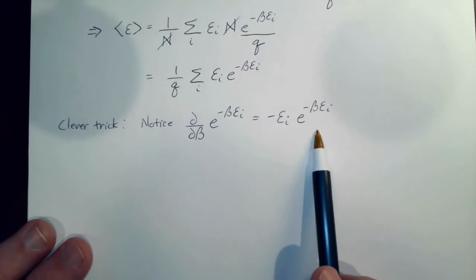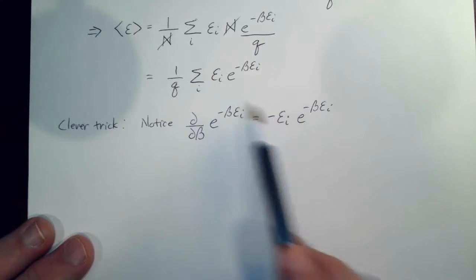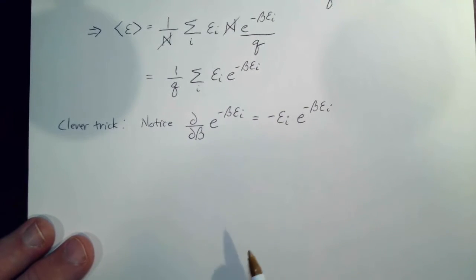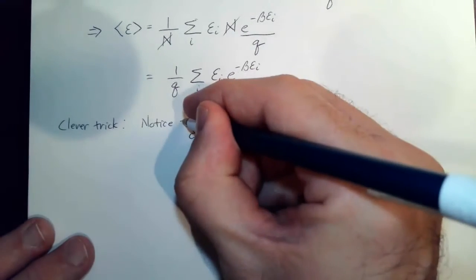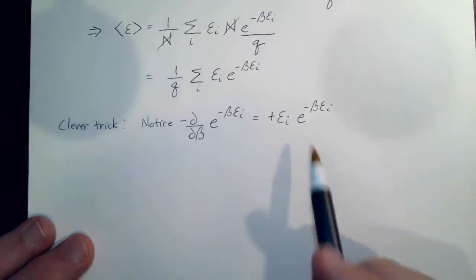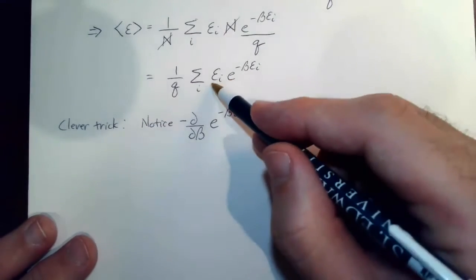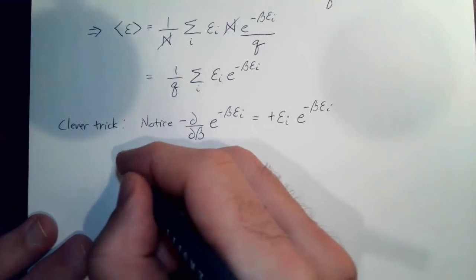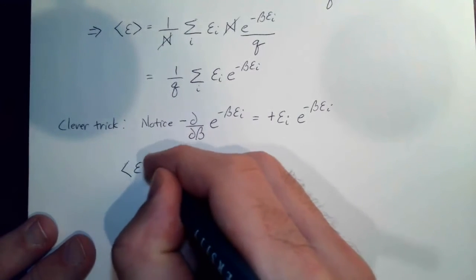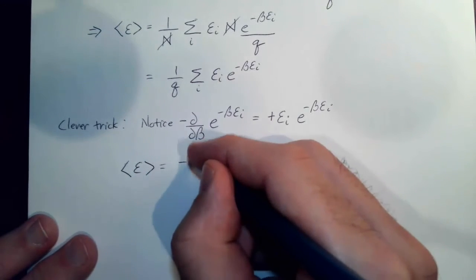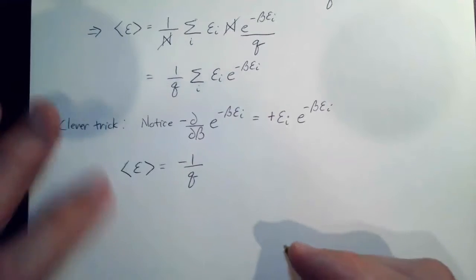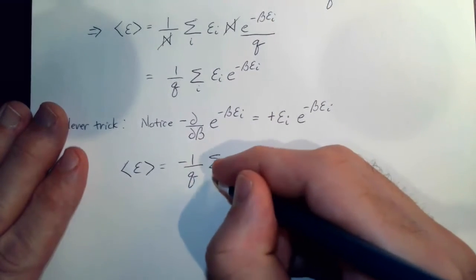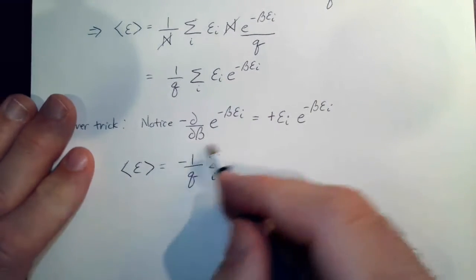And now if you compare this to this, you see that it's the same, but they're off by a minus sign. So I'm going to negate both sides. And so now I have the quantity that goes in here, and I can write it like this. So let's use that. Then the minus sign comes out, and I have the sum over I of this.